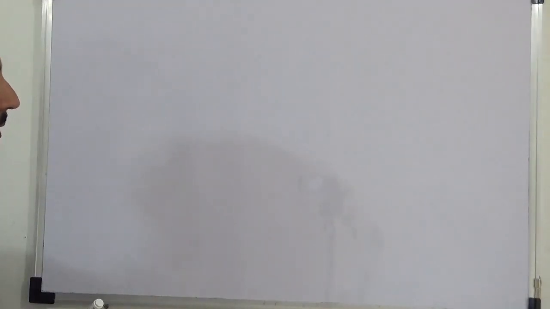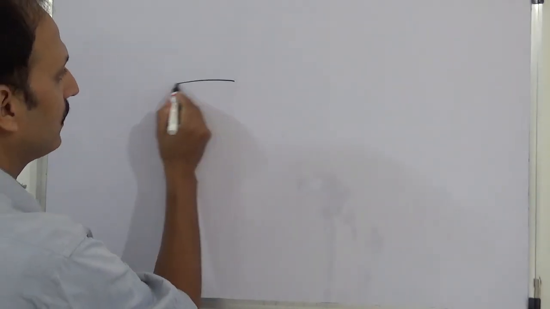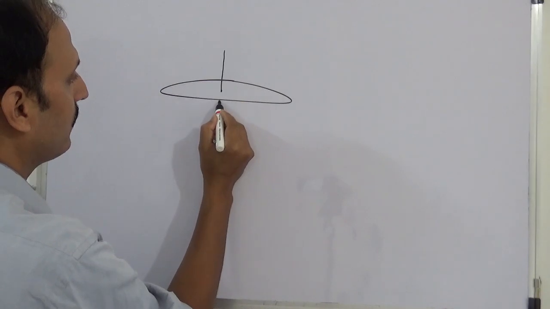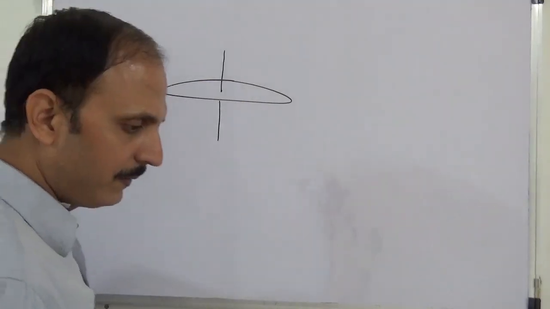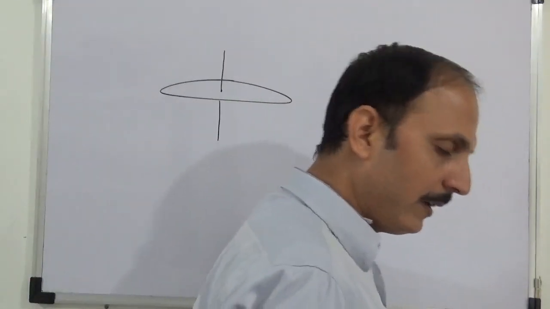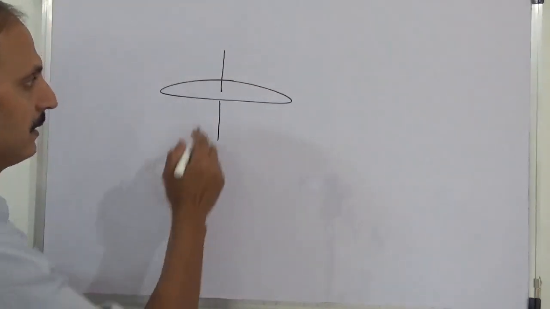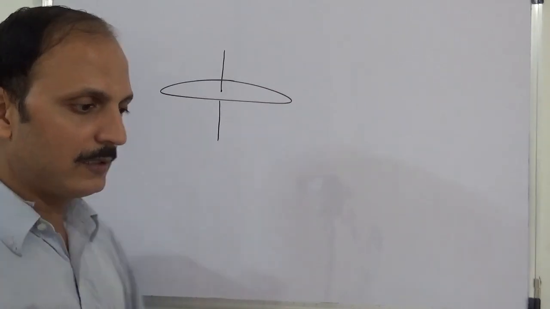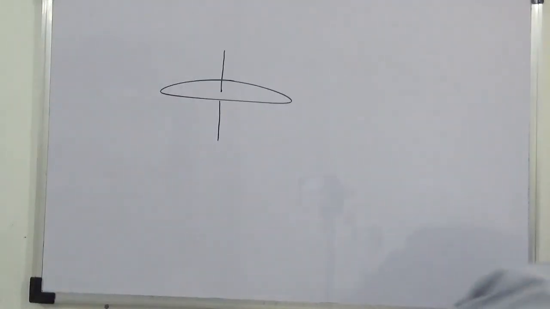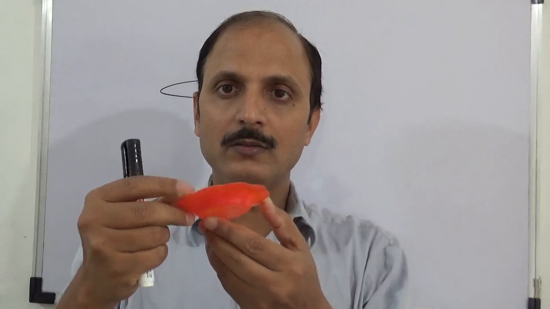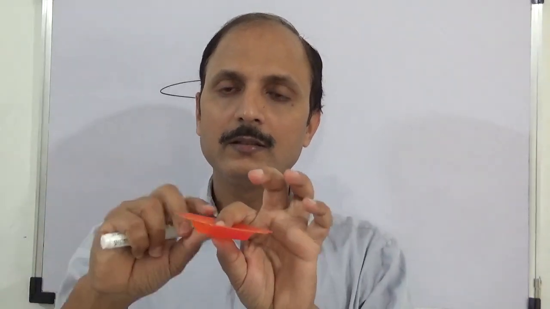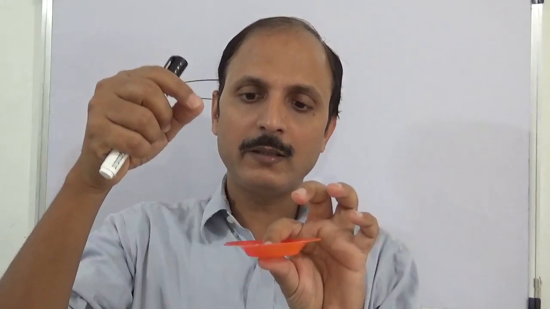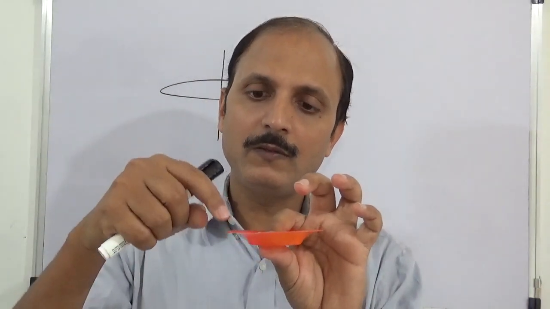So what is the situation given? A disk is rotating, so there will be some axis. Let's say its axis, a symmetrical axis, is kept horizontal, but the disk is rotating like this. A mass m falls on the rim, so small mass m falls here.